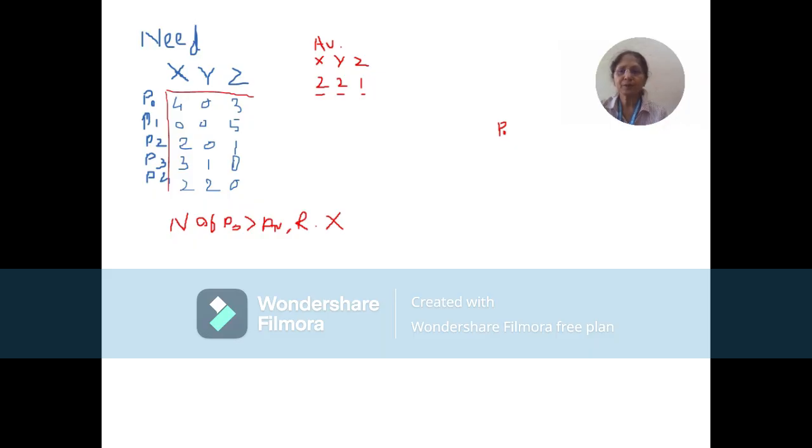Let's move to P1. Let us see the need of P1. What is the need of P1? X0, Y0 and Z5. And what is available? X2, Y2 and Z1. So again the need of P1 is greater than the available, and what happens? We deny the request.